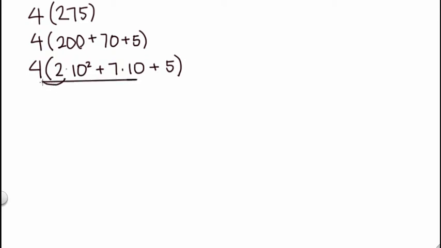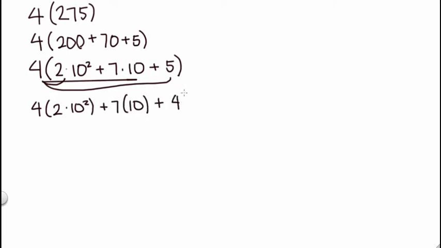So it's 4 times 2 times 10 squared plus 7 times 10 plus 4 times 5, and I forgot the 4 here, so times 4, because the 4 needs to be distributed to each term, so that's a 4 times 7, not a 47.